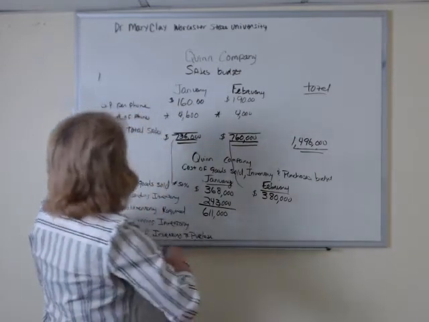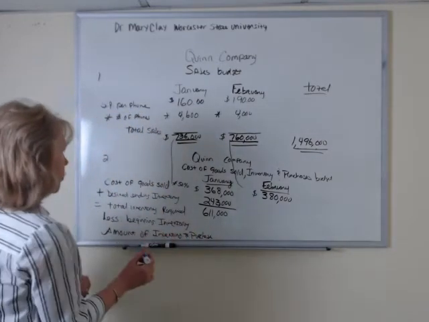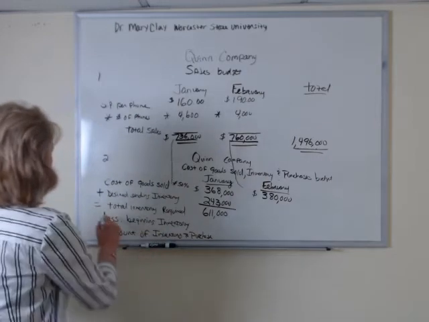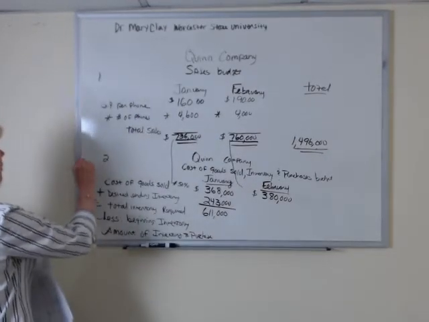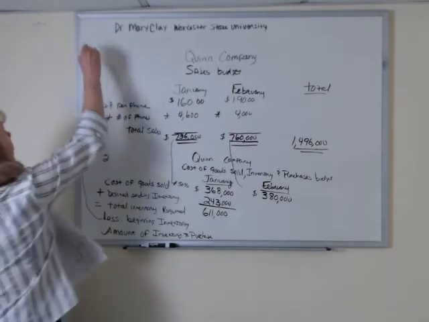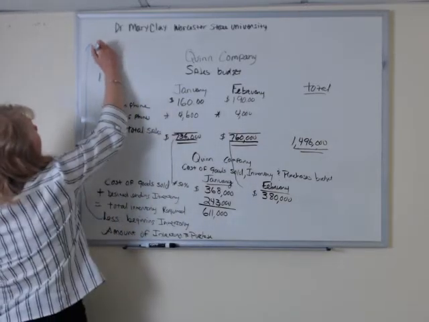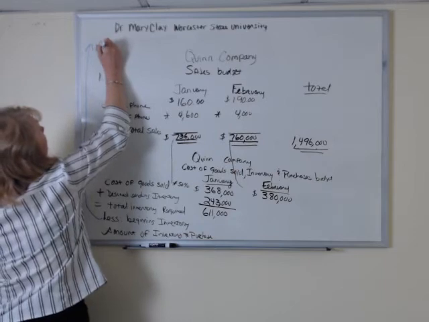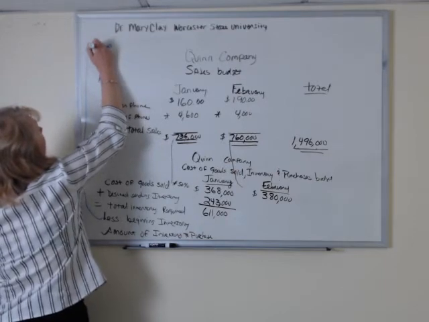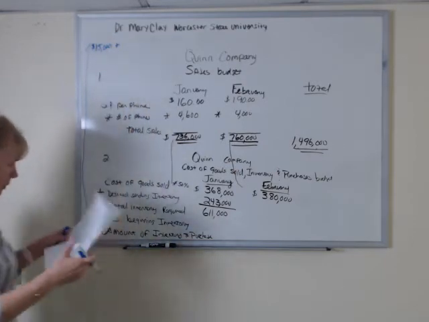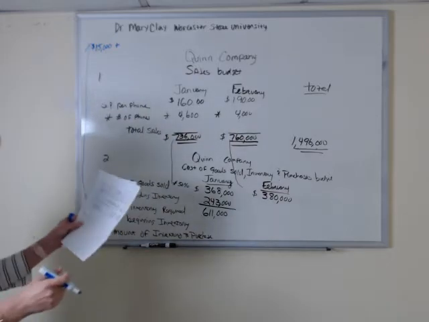All right, so I'm going to show you how to get this ending inventory. Here it is. I'm going to put it right here. We're going to take 15,000. That's a dollar figure. And we're going to add 60%.